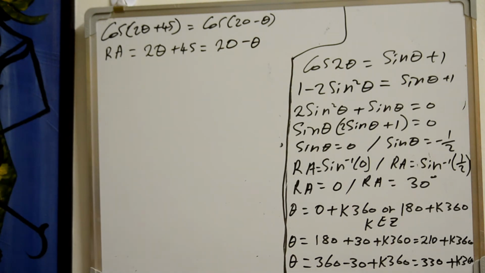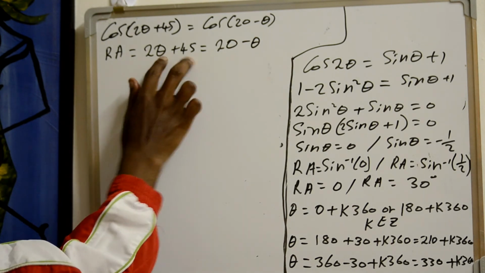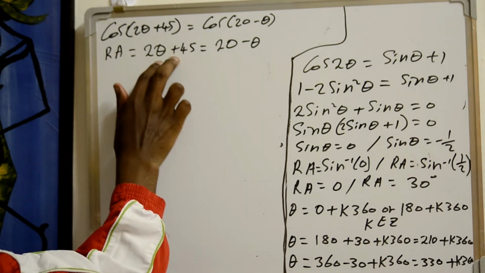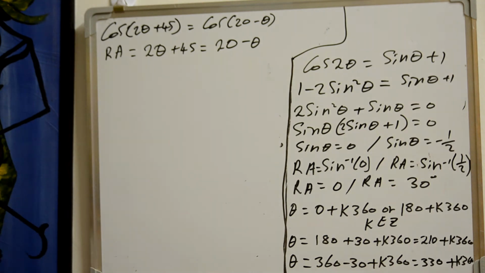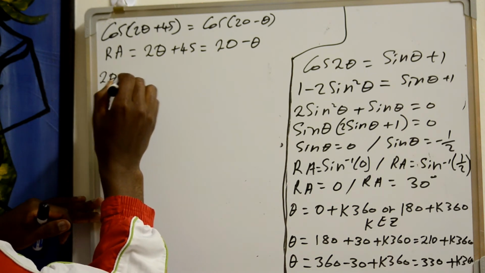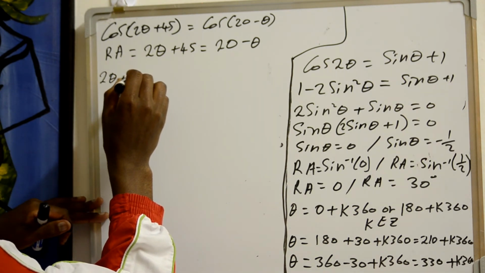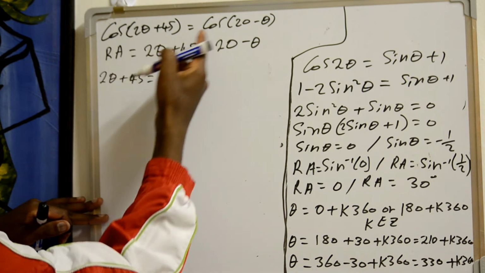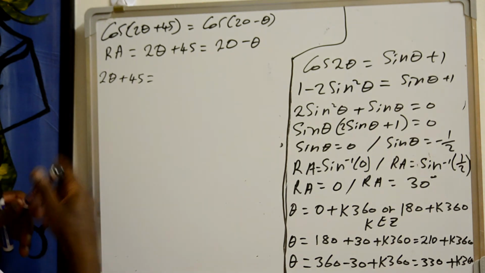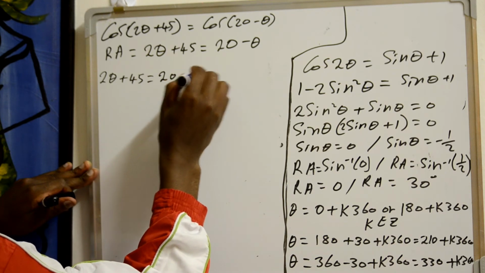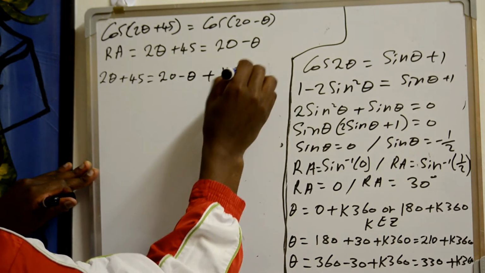So let's see the other side. You choose whichever ratio you want. For example, I will take this one, the ratio with 2 theta plus 45. Let me solve it. Here cos is positive in the first and fourth quadrants. So 2 theta plus 45 equals 20 minus theta plus K360.